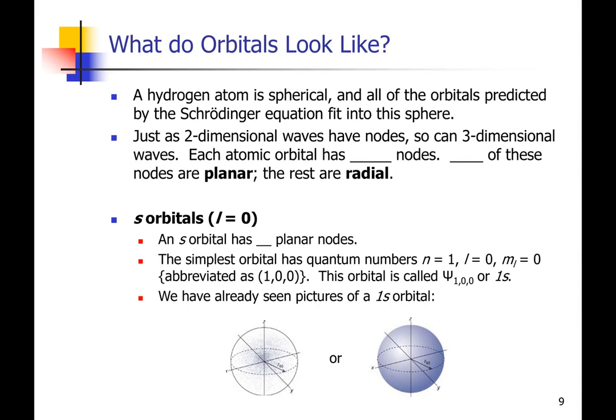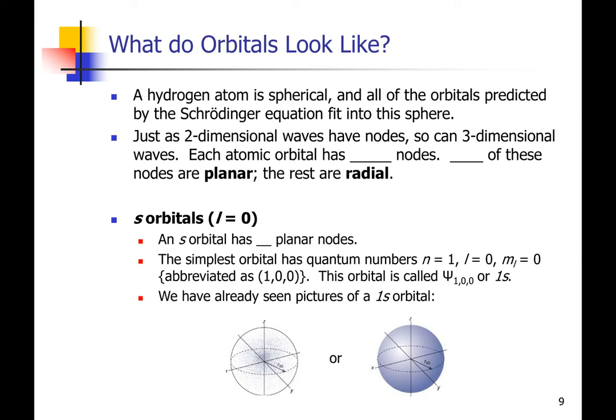As I mentioned when I introduced the angular momentum quantum number in the last video, the shapes of the orbitals are actually dictated by their nodes. And as it turns out, there's two types of nodes that can appear in atomic orbitals. And the number of nodes increases as the principal quantum number increases.